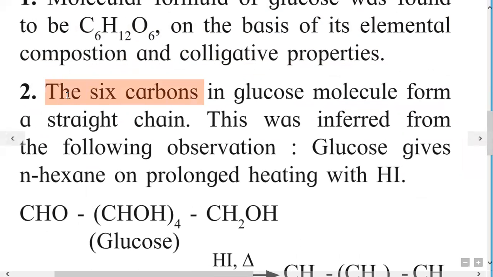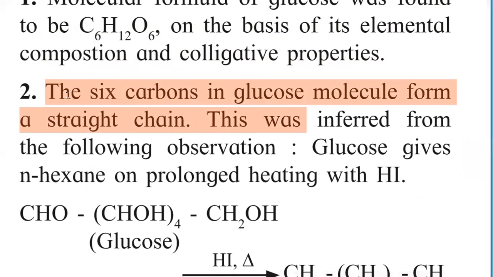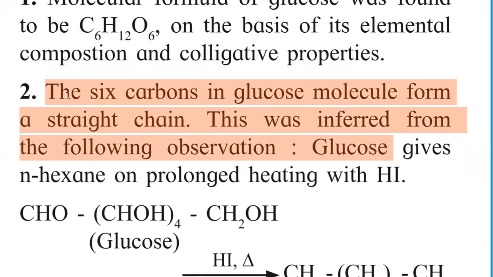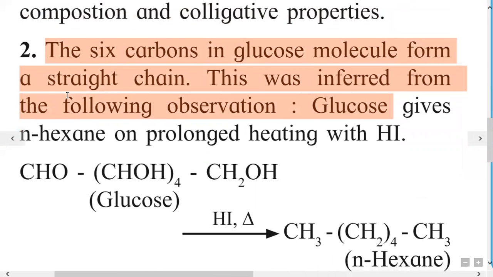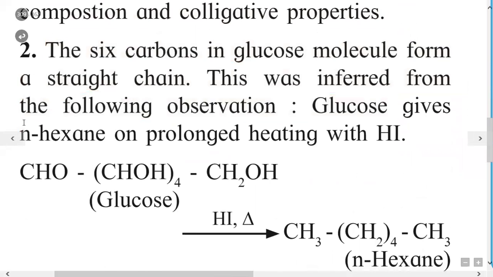Then the 6 carbon atoms in the glucose molecule form a straight chain. This was inferred from the following observation. Glucose gives n-hexane, an alkane. It is a straight chain alkane containing 6 carbon atoms, that is n-hexane.